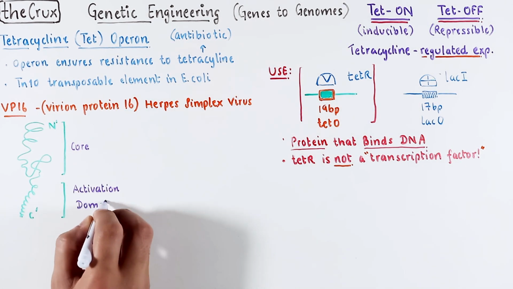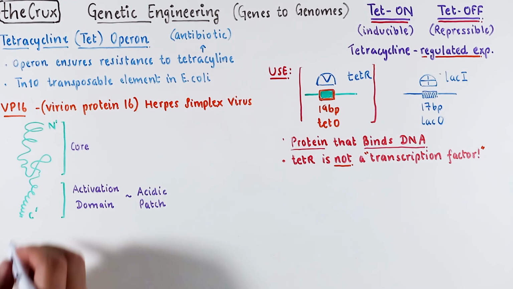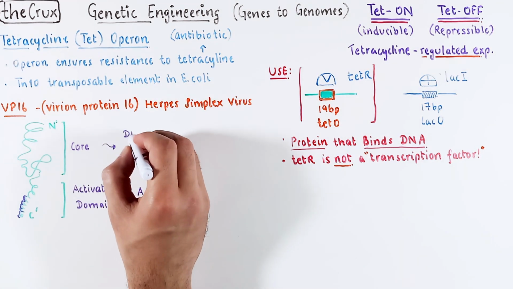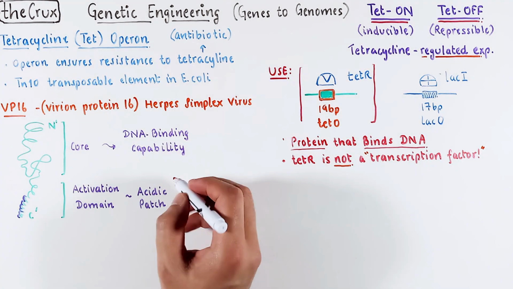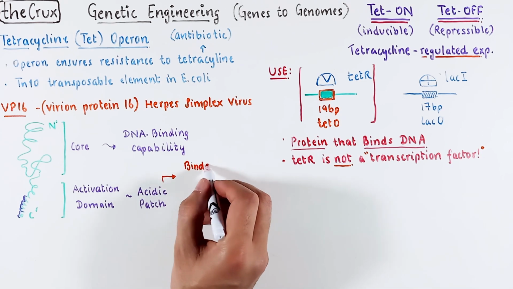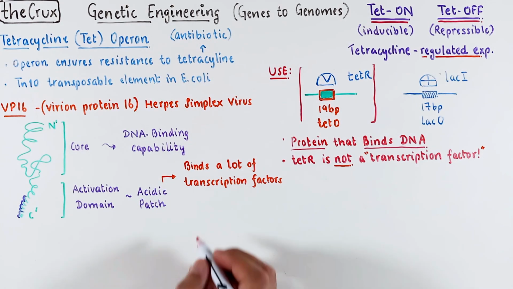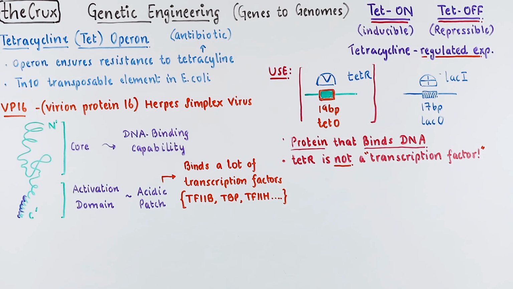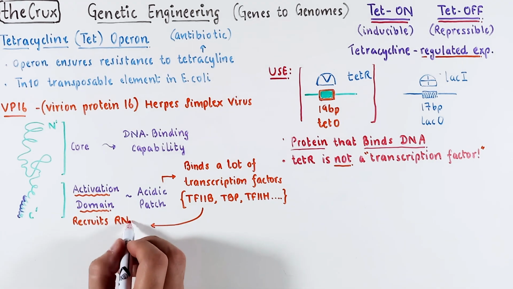The activation domain is strongly acidic and has a net negative charge, just like most eukaryotic transcription activators. The core, on the other hand, seems to have some DNA binding ability. The activation domain, because it is similar to transcriptional activators, binds a lot of eukaryotic factors like TF2B, TBP, TF2D, and a lot more. Therefore, unsurprisingly, the activation domain can attract RNA polymerases.